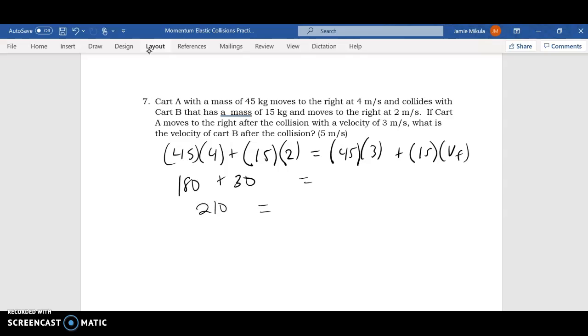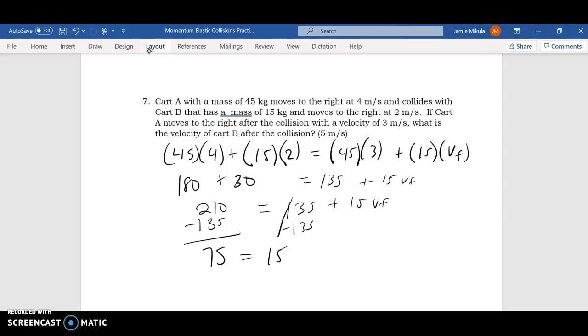And then 45 times 3 is 135 plus 15 VF. Bring that down. Subtract 135. Okay, so 210 minus 135 is 75, and then divide by 15. Okay, so you get 5.